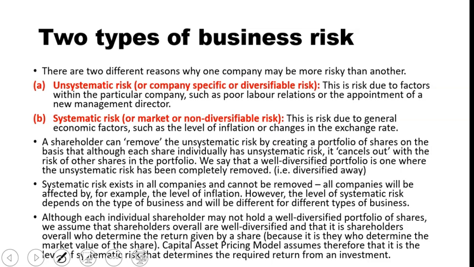This is risk due to factors within the particular company, such as poor labor relations or the appointment of a new management director. So this risk is peculiar to a particular company. This risk can be reduced by diversification. If we diversify in various portfolios, then we can reduce this risk.